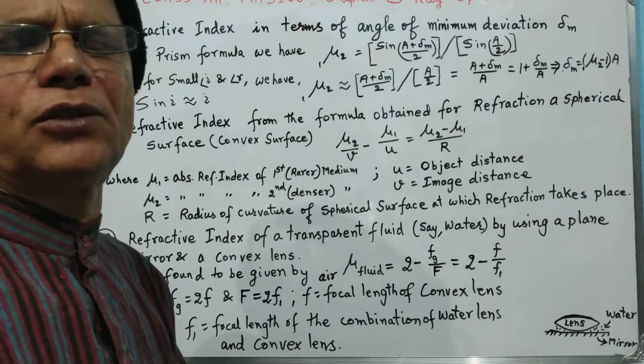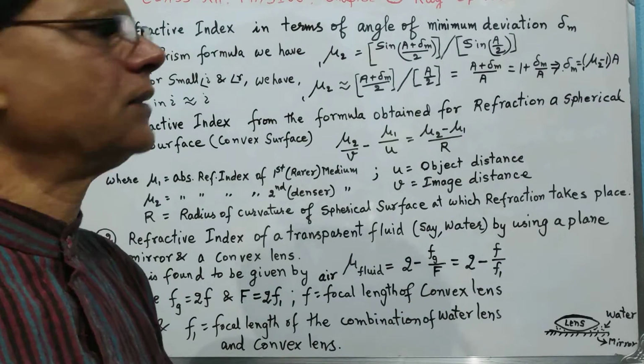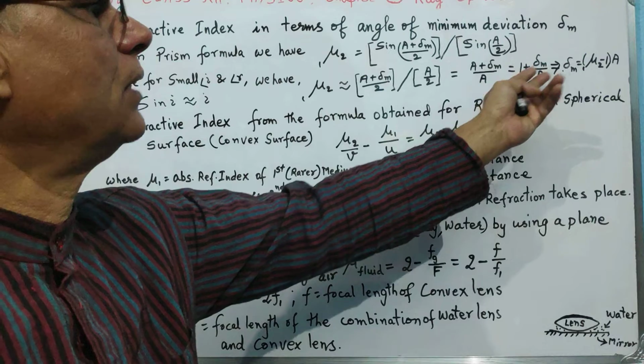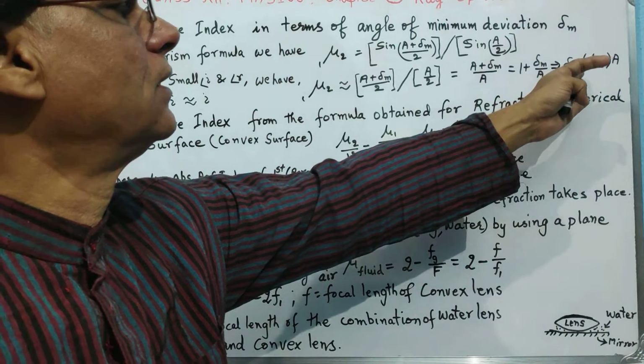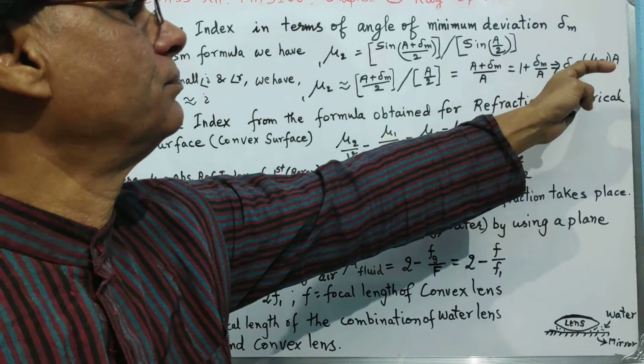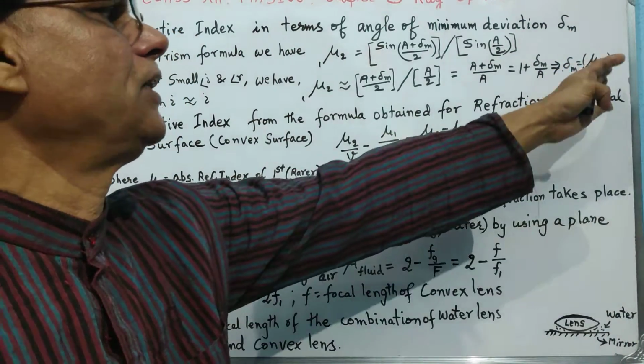What is delta m? It is the angle of minimum deviation, and so we have 1 plus delta m by A, which can be further rearranged to write the angle of minimum deviation in terms of refractive index and the prism angle A.